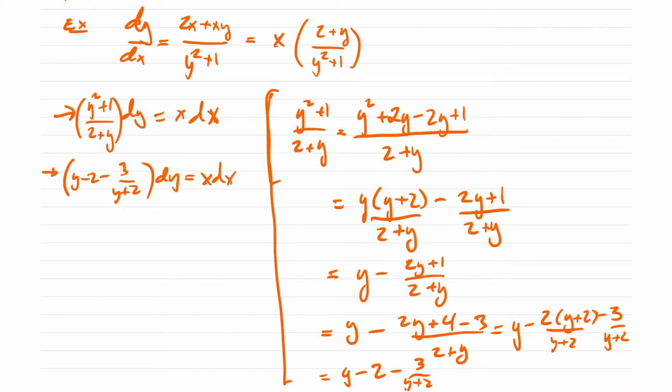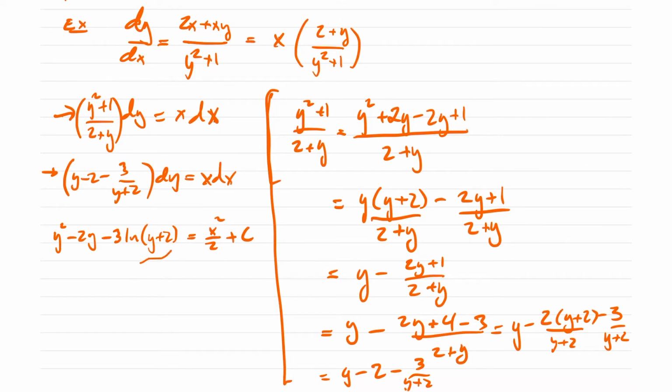If I integrate both sides, on the left-hand side, I get y squared minus 2y minus 3 times the natural log of y plus 2 in absolute values, but we'll neglect that for a minute, is equal to x squared over 2 plus c. So we're integrating with respect to dx on the right, and we're integrating with respect to dy on the left.